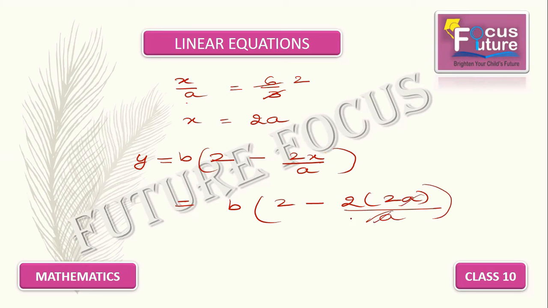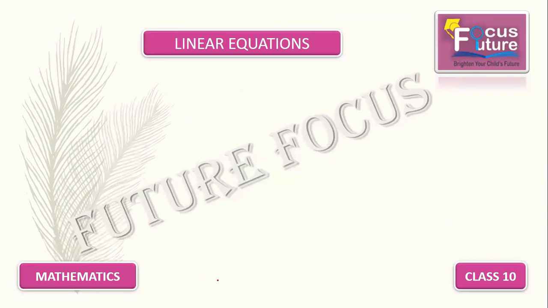A would cancel out. So you would get b into (2 minus 4), that is minus 2, so it would be minus 2b. So y would be minus 2b. So here your x is 2a and y is minus 2b.